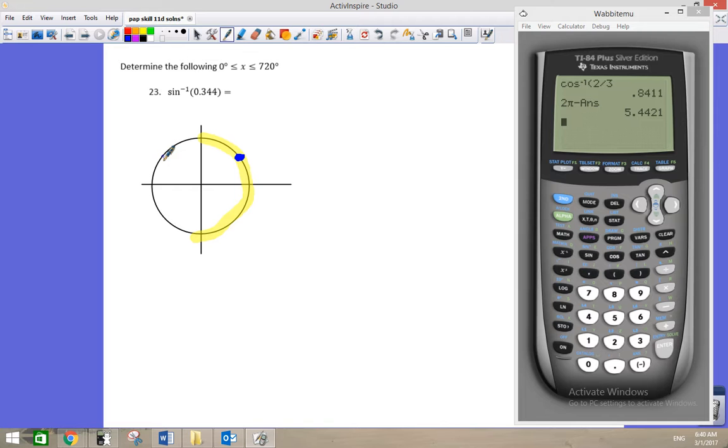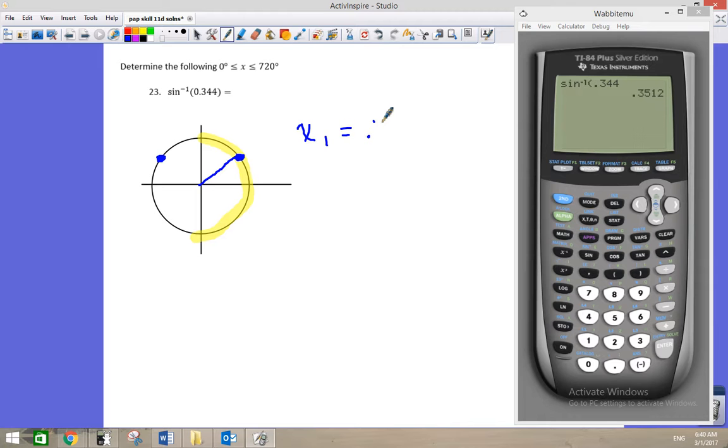This point and say another point over here in quadrant 2 both have a height above the x-axis, both a y-coordinate that's 0.344. And I know that exists because that's in the domain between -1 and +1. So when I take the inverse sine of 0.344, it's giving me this angle.